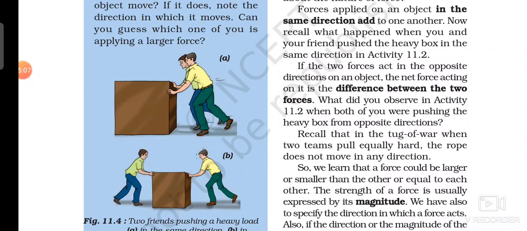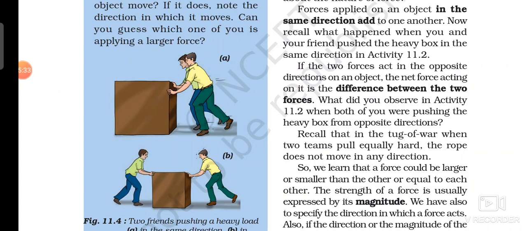Sometimes it happens that net force is zero. How does it happen? If the force applied in opposite direction is the same, अगर ये दोनों ने same force apply किया है, then the box will not move. So the net force will be zero. दोनों का force सामने सामने nullify हो जाएगा.